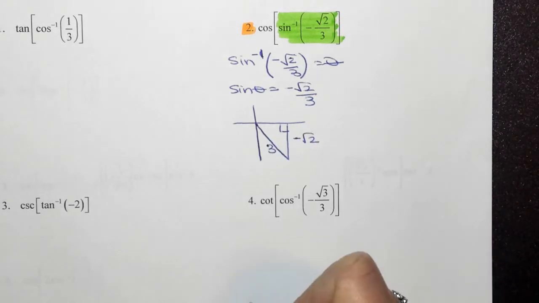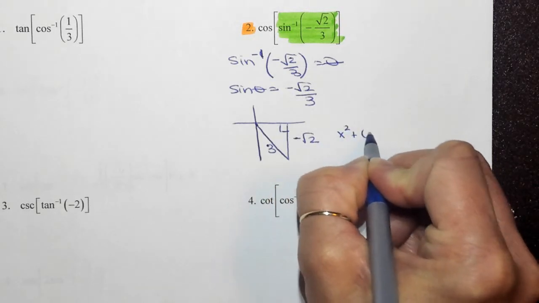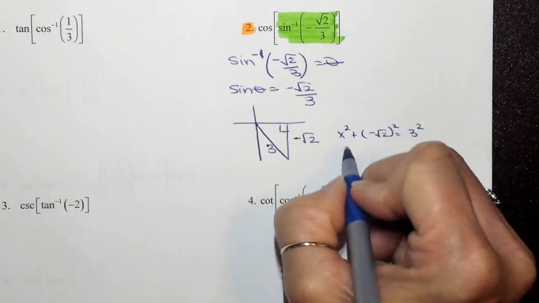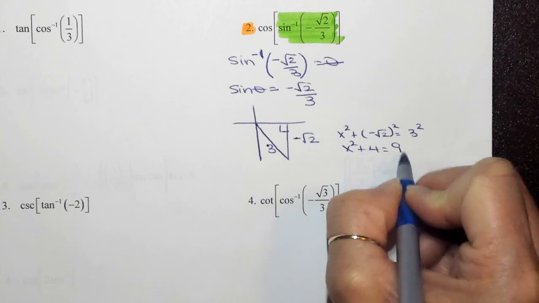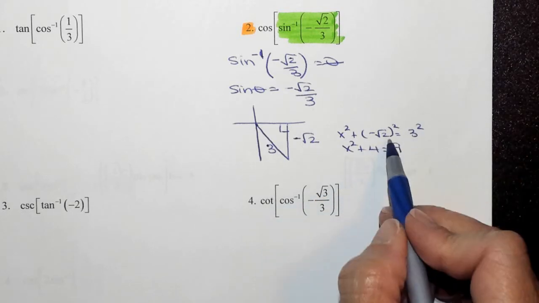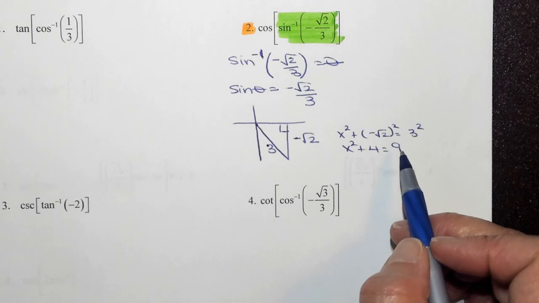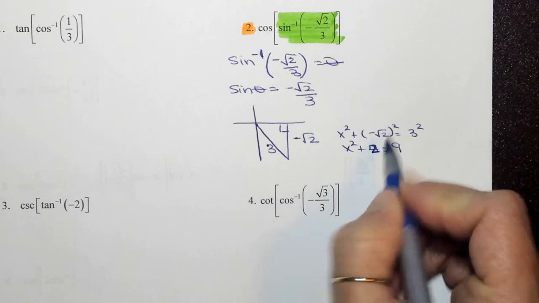So we're going to use the Pythagorean theorem to get our x value. So that means we have x squared plus y squared is equal to r squared. So this is x squared plus 4 is equal to 9. Would help if I could say this is 2.